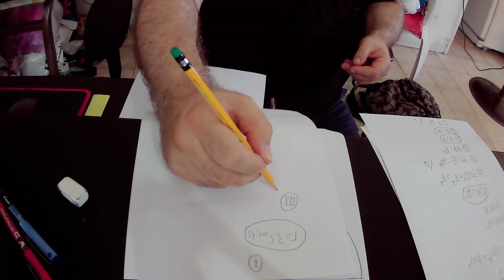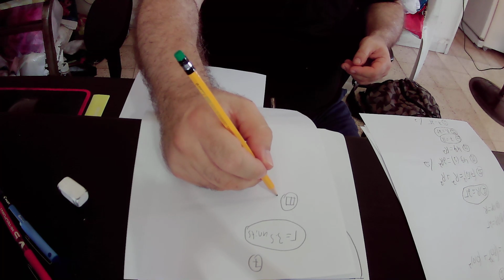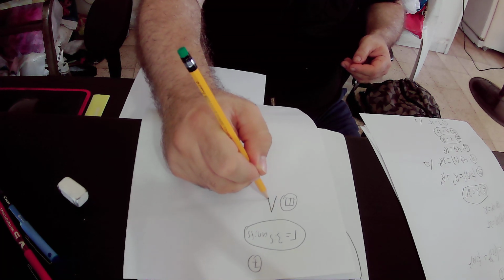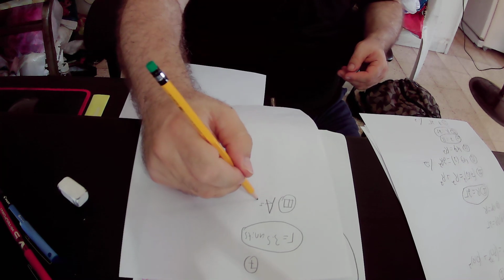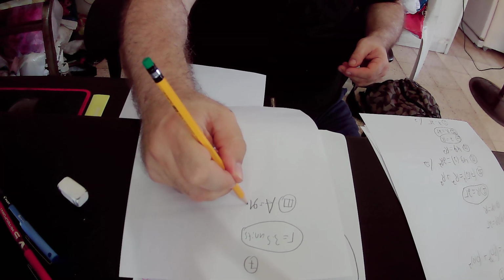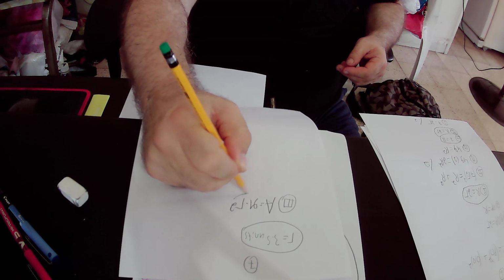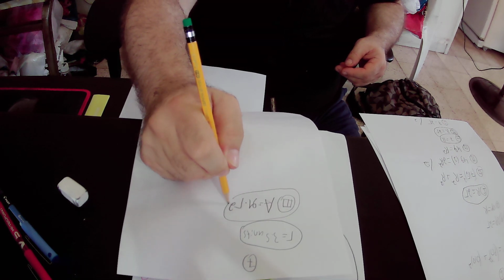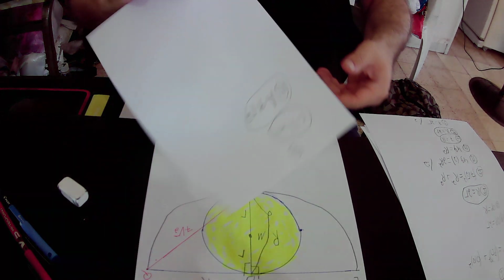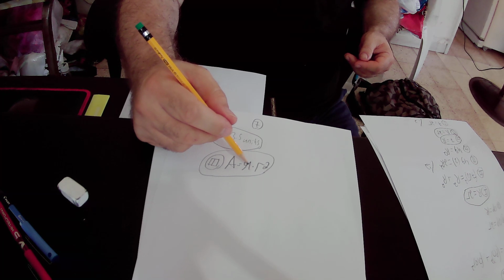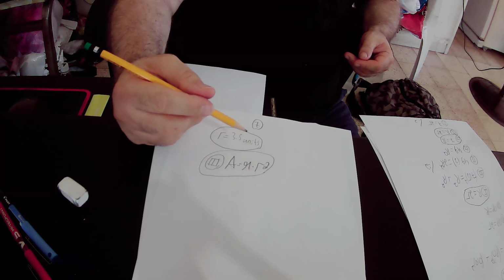I will call the area capital A. The area of the circle will be called capital A. So A equals pi times r squared. Okay? So the area of the yellow circle equals pi times its radius squared.